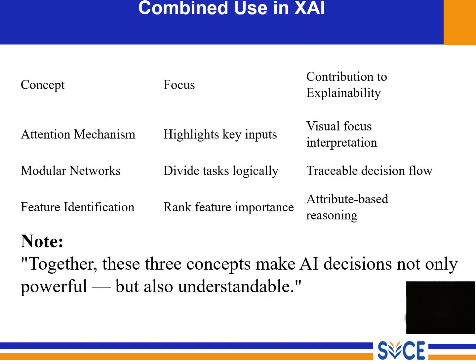In medical AI, attention can show that the model focused on a tumor region in an X-ray. The benefit is that it builds trust by showing what influences the decision.